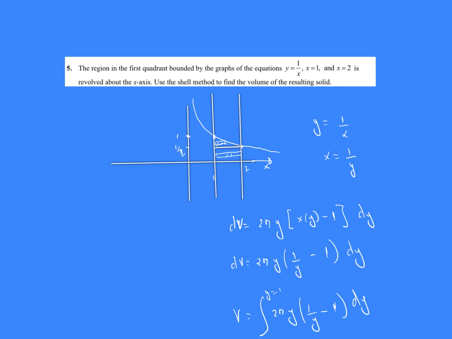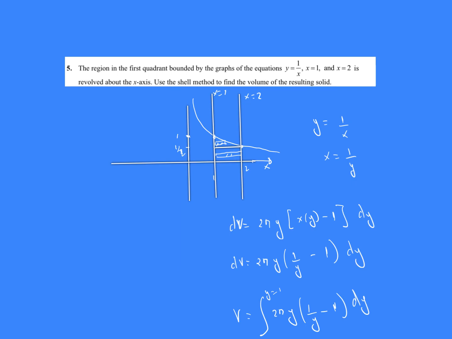X equals 1 is this line. And x equals 2 is this line. And I want to revolve it around the x-axis.